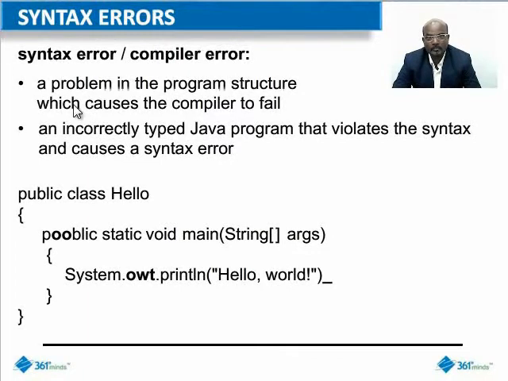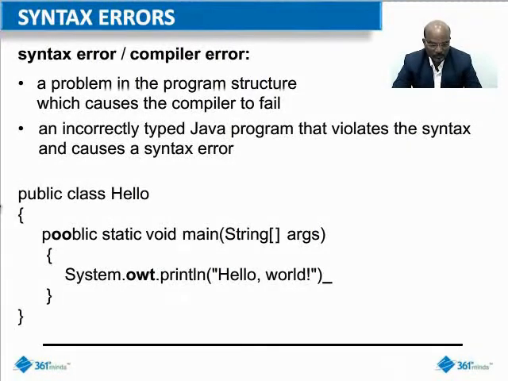And what are the kind of mistakes that we usually make? Maybe we'll type a wrong command. We might not close the command with a proper end of statement symbol like the semicolon at the end of the statement, or we might spell a keyword wrongly.